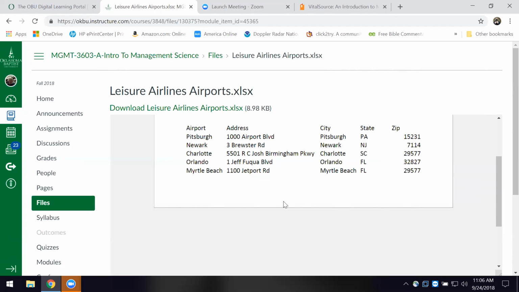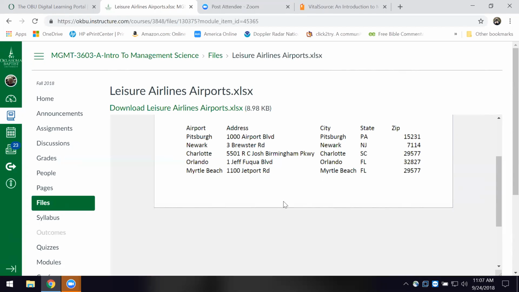If you look there, you've got two airports, Pittsburgh and Newark up north. Then you've got Charlotte, which is kind of in the middle. And then you have two destination airports, Orlando and Myrtle Beach. What these folks do is run flights between them, so they basically have a little bit of a network issue that they have to work through.